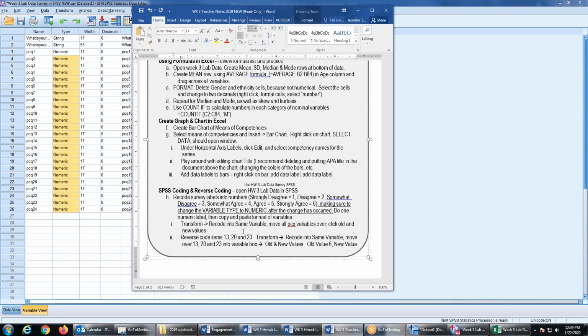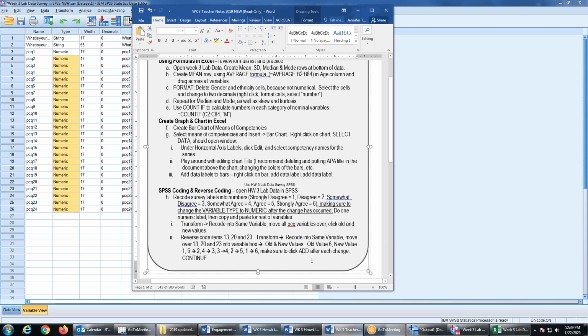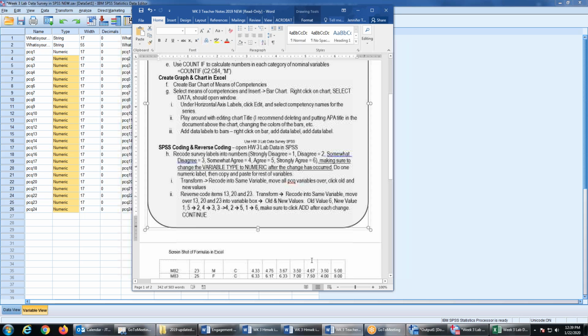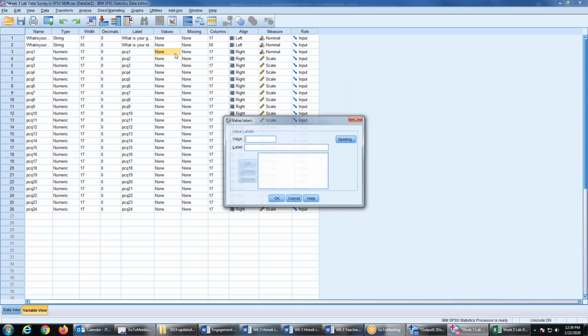Then you're going to reverse code 13, 20, and 23. Yeah. Okay. So let me just make sure this is numeric. These are all scale. The other thing, you want to put it in here.